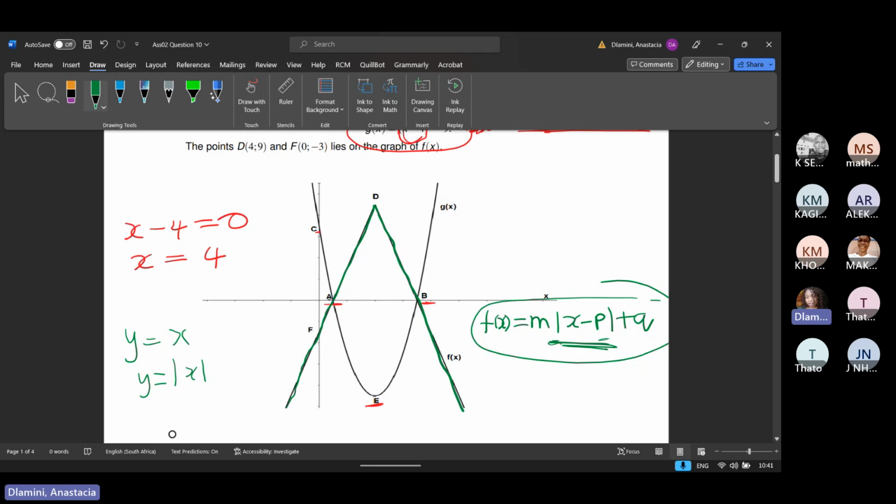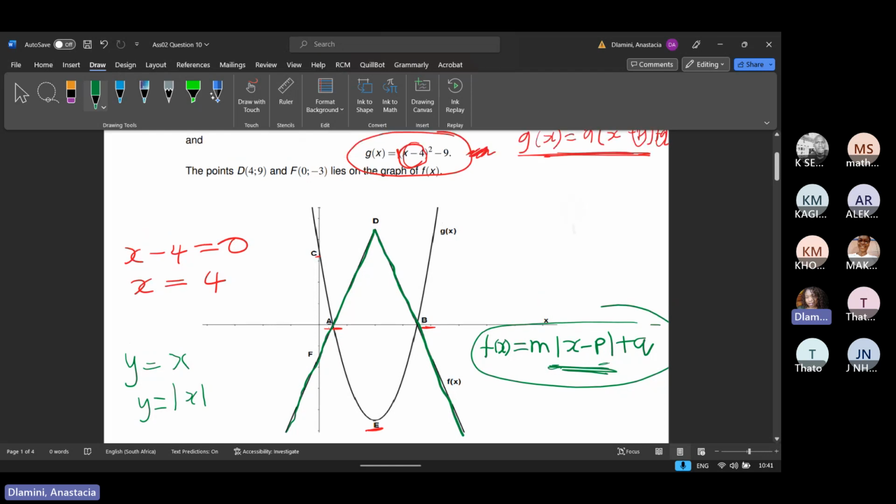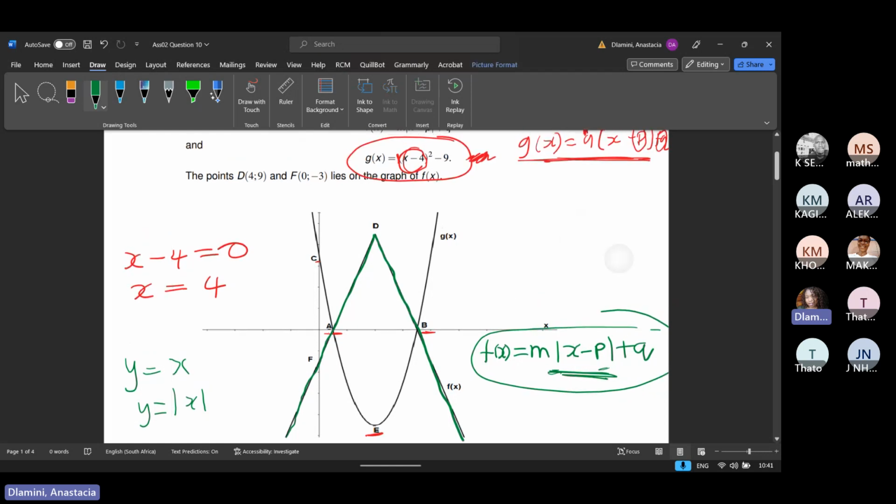So if we're finding the vertex of an absolute value function, we apply the same way as with the vertex of a parabola. Can anyone tell me, by looking at what we are given, what is the value of P and what is the value of Q?